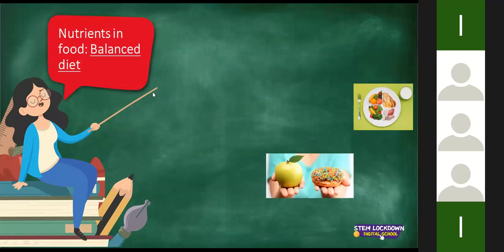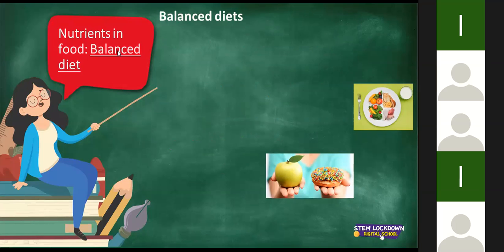All right, now what exactly would be a balanced diet? Who can tell me what is a balanced diet? Balanced diet. Who can take a wild guess? In your chats, write to me the answer for a balanced diet.